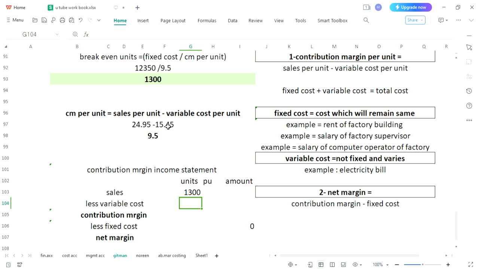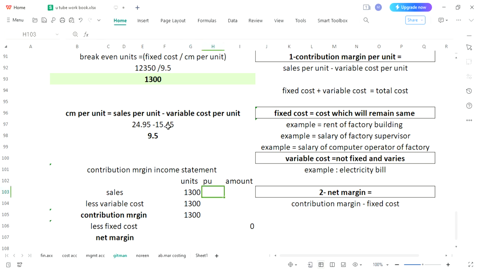So it means number of units you are selling, they were manufactured first. Since we are related with management accounting and we are related with manufacturing concern, we are not traders, we are manufacturing concern. So these 1300 units which were sold, it is sure that we have manufactured them. So number of units sold would always be equal to number of units of variable cost and number of units of contribution margin.